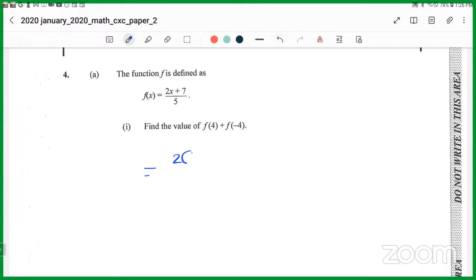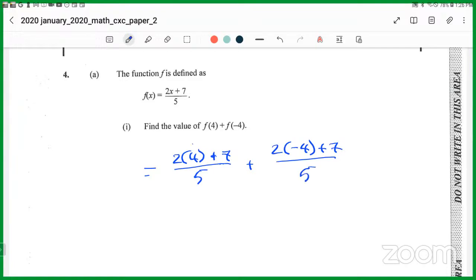So it's 2 times 4 plus 7 divided by 5, plus f of -4, so put in a -4 in the same function. So it's 2 times -4 plus 7 divided by 5.